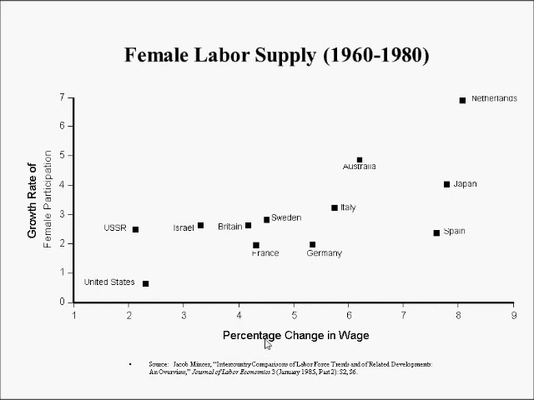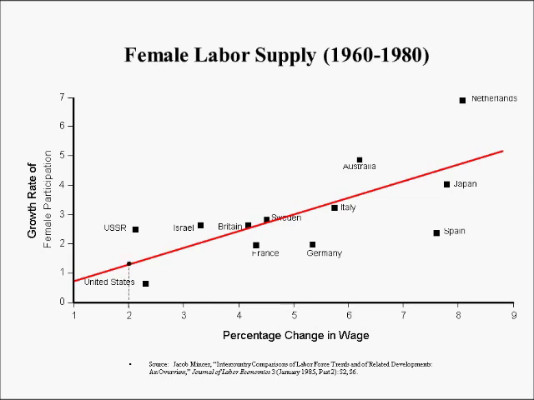Now, this is the percent change in the wage, and this is the growth rate of female labor force participation. Now we fit a regression line to this scatter plot, which reveals a positive relationship between the percent change in the wage and the growth rate of female participation in the labor markets.